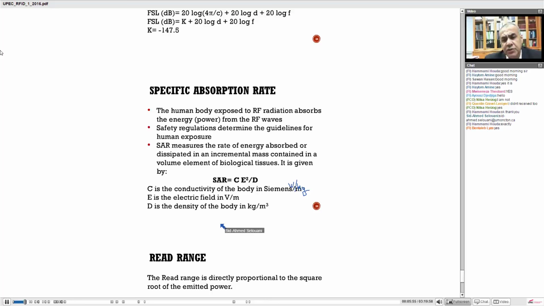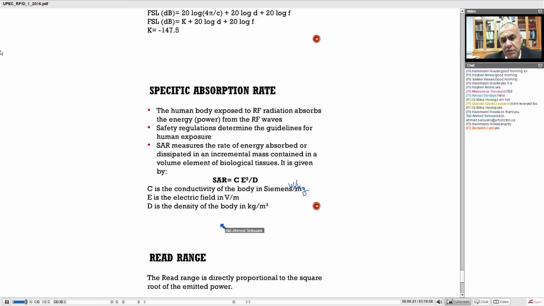So it's very important to know this parameter because it is subject to standards and laws. Here, sigma is the conductivity of the body in Siemens per meter, E is the electric field in volt per meter, and rho is the density of the body.